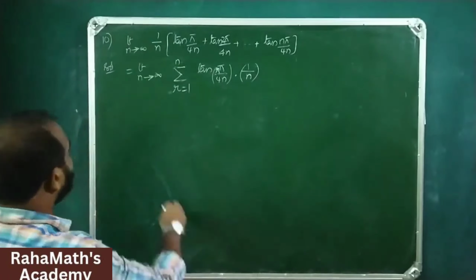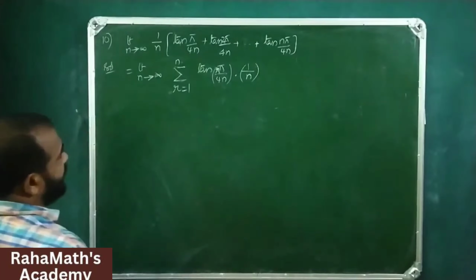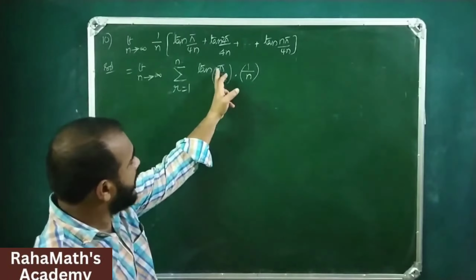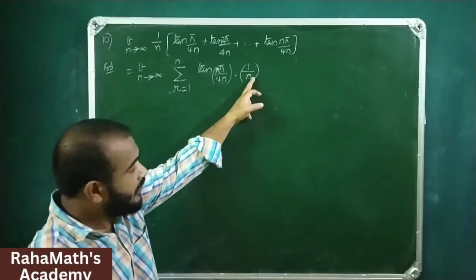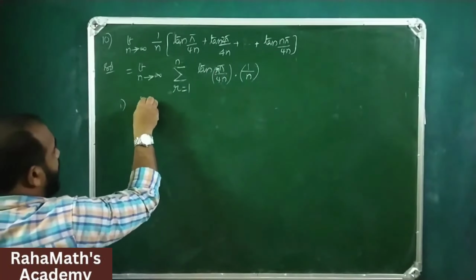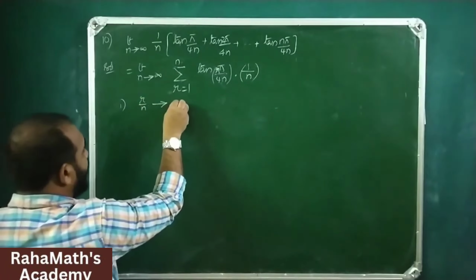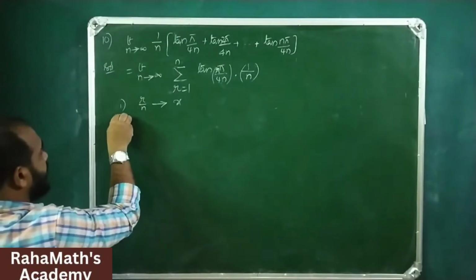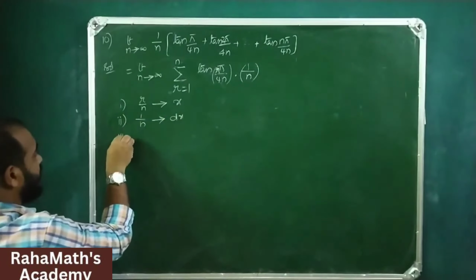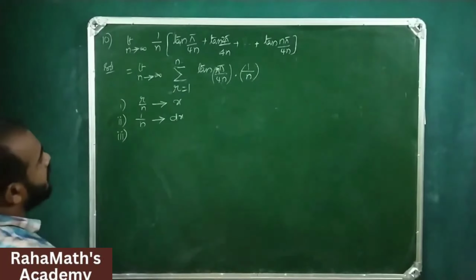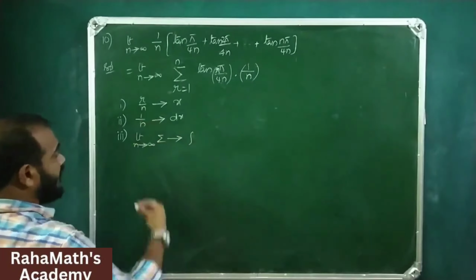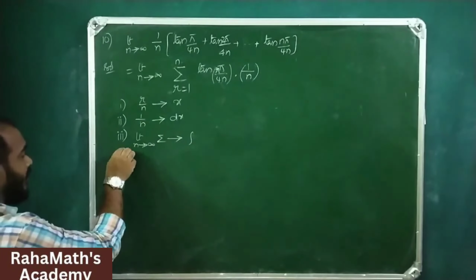So now we've been discussing right from the beginning that we need to look for r by n. So r by n we are getting here. So 1 by n is also what we get. So the next thing is r by n is to be replaced with x. Second, 1 by n is to be replaced with dx. Third one, limit n is to be replaced with integral, upper limit and lower limit.